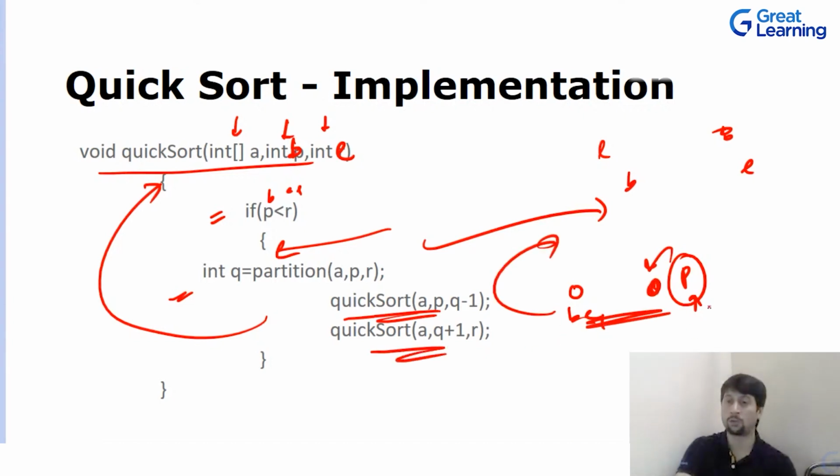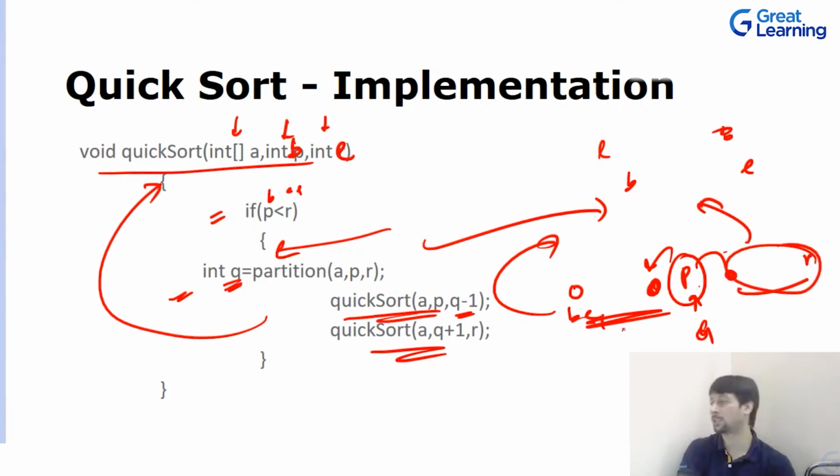And in this other one, you use pivot index +1, that is q +1, and r, that is your end, and you call quick sort again on this portion. Okay, you might get a little confused or stuck here.